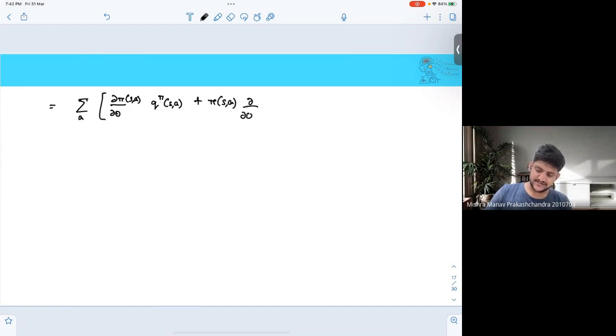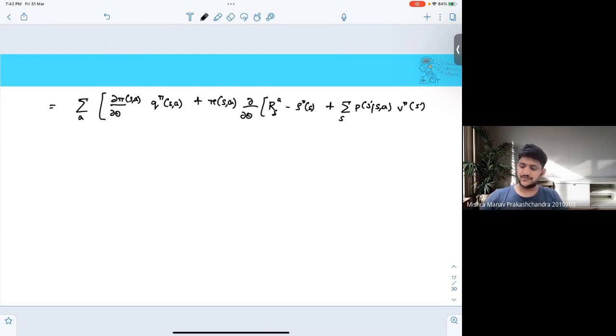Now I just differentiate this with respect to the definition earlier that we had. This is r of s comma a minus rho pi of s. Okay, so this is for the first initial state, and later on we behave according to policy pi, right? So we have p of s prime given s comma a times v pi of s prime. Okay, this is just unrolling the definition of the q function. For the first action you take, you take the given action, and thereafter we follow policy pi, right?